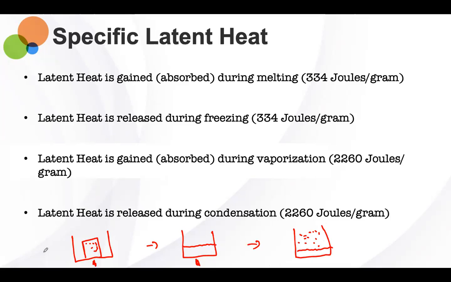And latent heat is released during condensation. So when we're going from a gas to a liquid, it's the same process, with the same amount of heat, but heat is pulled from the system. Whenever we pull heat from the system, you find condensation.